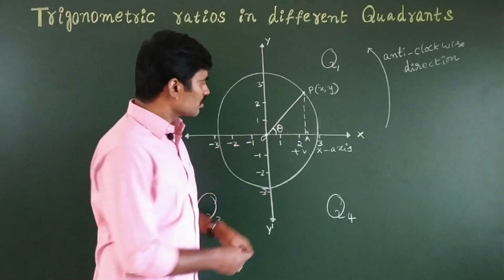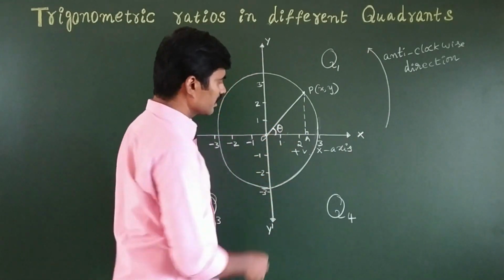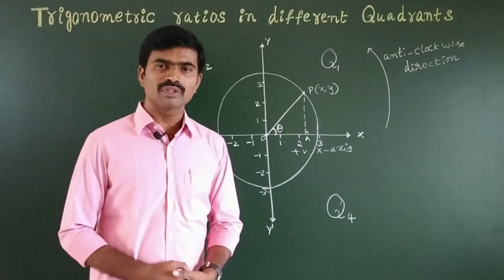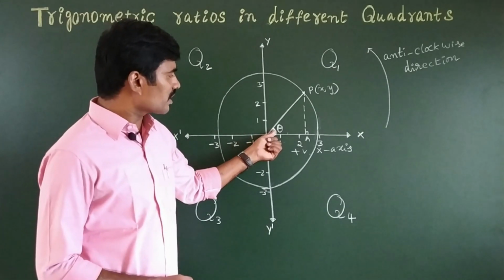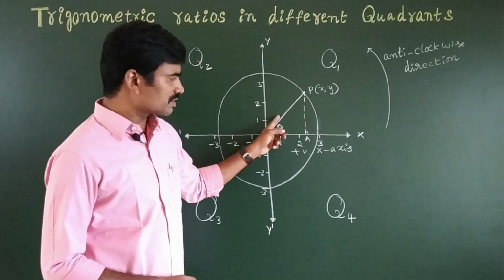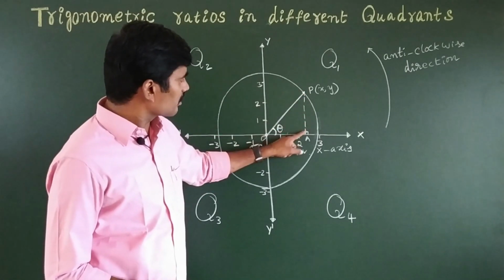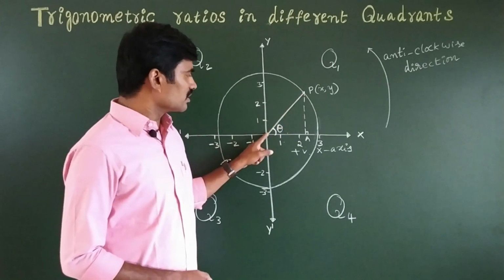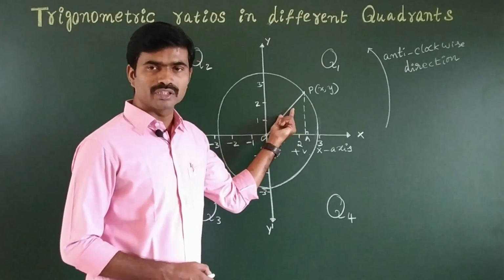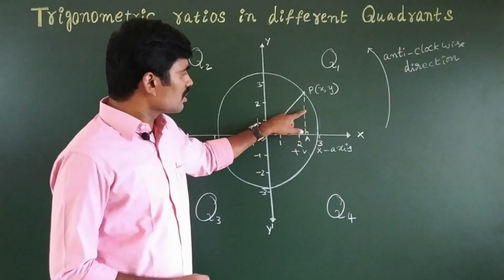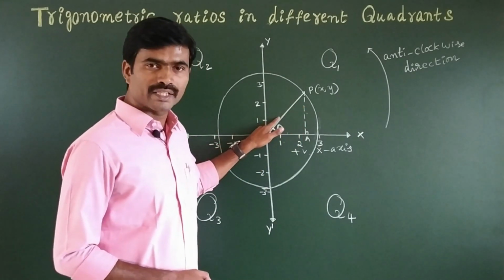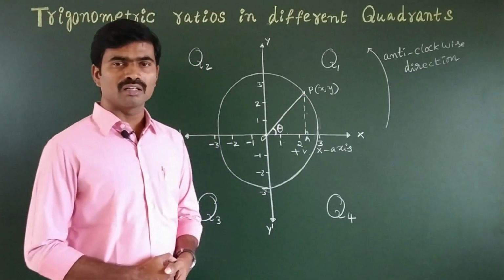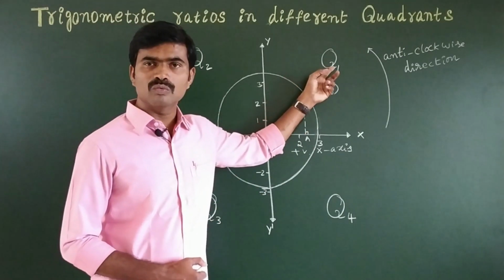Let us find the trigonometric ratios for the angle theta in the first quadrant. First, sin theta means opposite side by hypotenuse. The opposite side PA has length y, and the hypotenuse is the radius, which is always positive. So positive by positive: sin theta is always positive in quadrant 1.